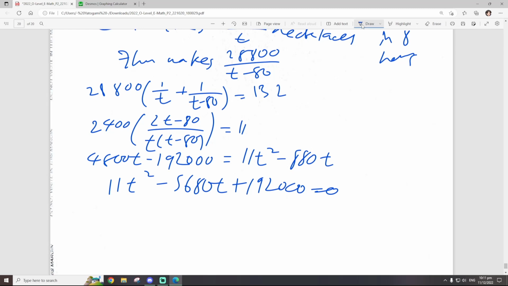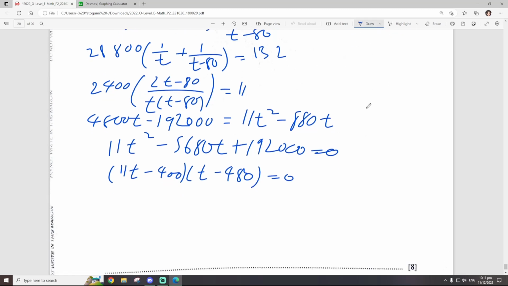You will get that this factorizes to (11t minus 400)(t minus 480) equals 0. And therefore you get t equals 400 over 11, or t equals 480.